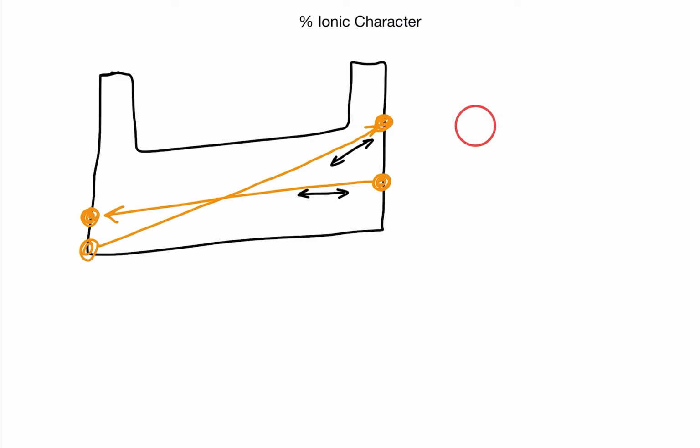So let's just say we have two different elements. We're just going to name them A and B. You can apply this to many different examples. A is going to be more electronegative, and B is going to be less.